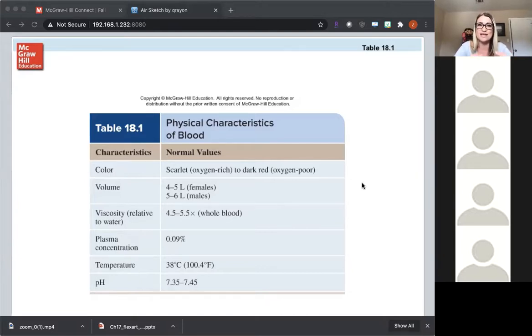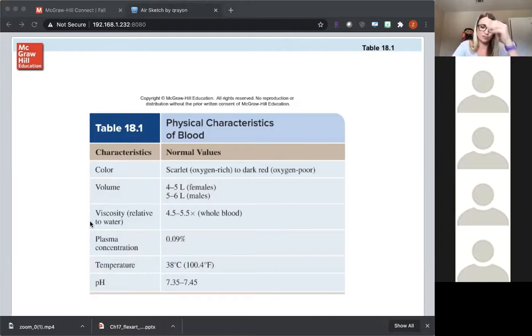They are cells or fragments of cells, which is what platelets would be. Cells or remnants or fragments of cells are formed elements. The second part of whole blood is the fluid part, which is called the plasma. This is the fluid part of the blood, and it contains the dissolved particles. So formed elements and plasma are the 2 components of blood.